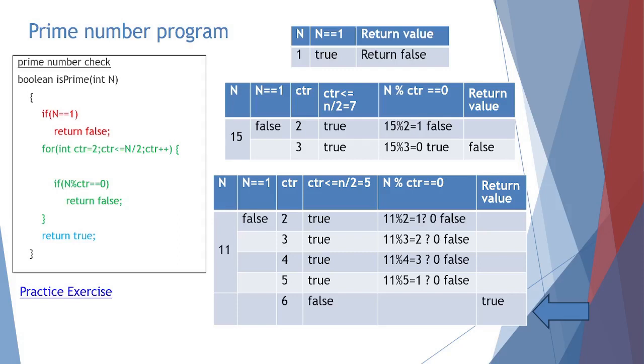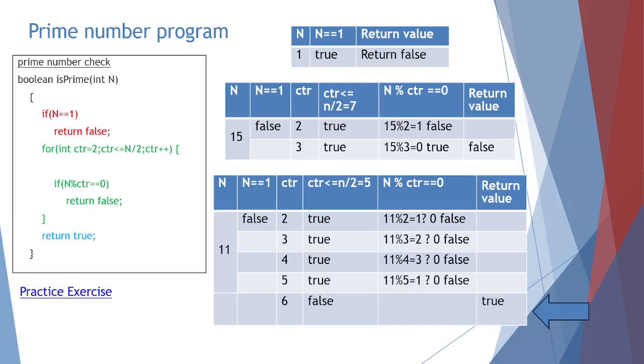First time CTR is 2. Is 2 less than equal to 7? True. Then see the next column in the dry run. n modulo CTR double equals to 0. That means n is 15, CTR is 2. 15 modulo 2. 2 sevens are 14 and the remainder is 1.